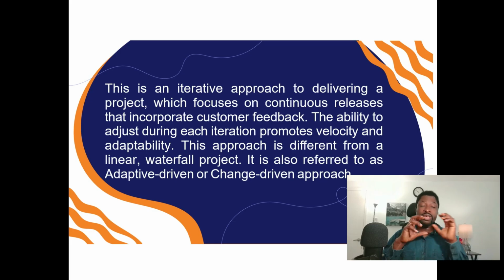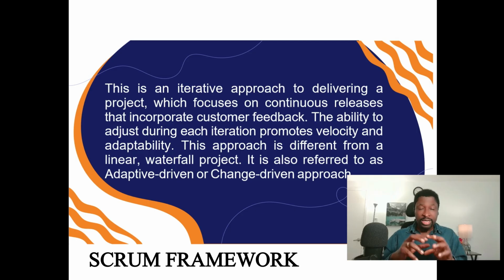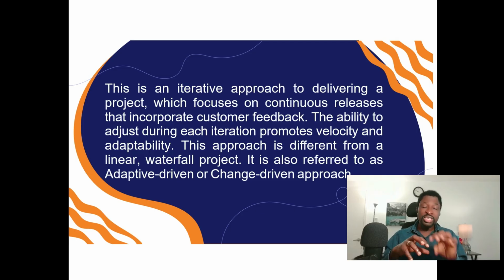But the commonly used one is called the Scrum framework. So Scrum framework is the commonly used project management technique that we have. So on this channel, we focus more on the Scrum framework. We can also look at Kanban, but mostly we focus on the Scrum framework.